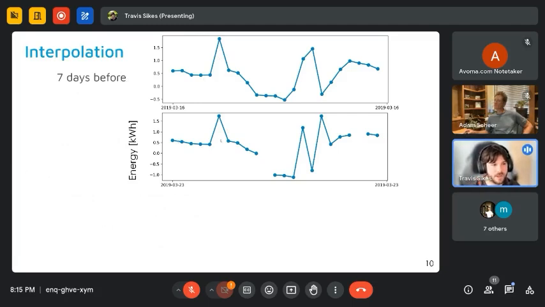For example, at 6 a.m., we have a spike the week before, just as we have a spike in the day of. We have a bit of a rise in usage, although this 1 hour is different. This is to be expected because our data is very, very noisy. So ultimately, we are just looking for the best that we can do with interpolation. It's not going to be perfect.